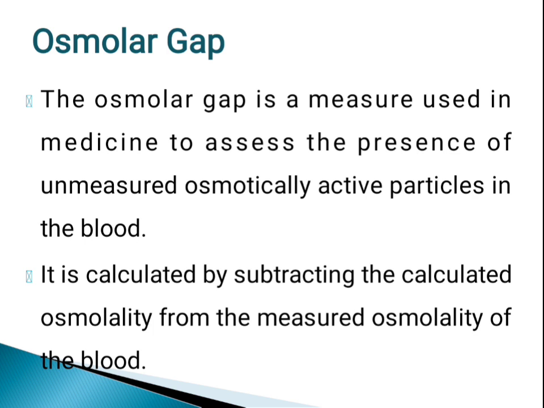So, the osmolar gap is a measure used in medicine to assess the presence of unmeasured osmotically active particles in blood. It is calculated by subtracting the calculated osmolality from the measured osmolality of the blood.